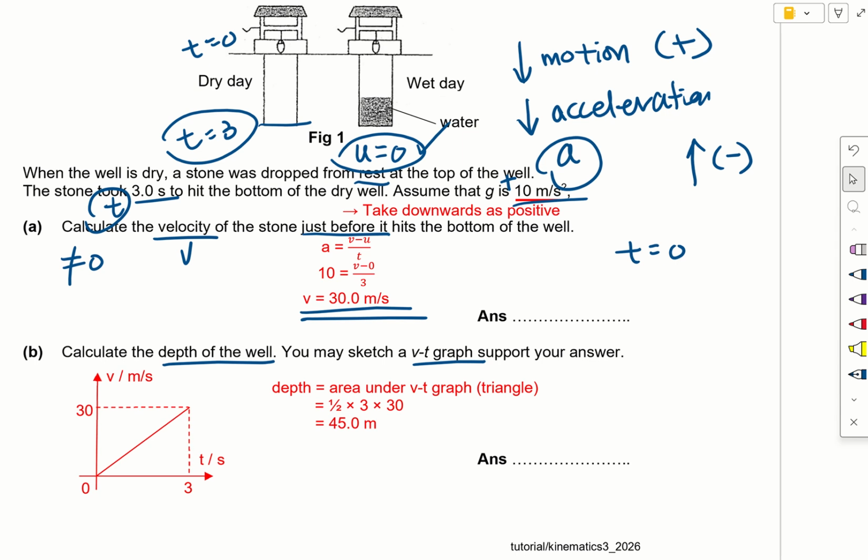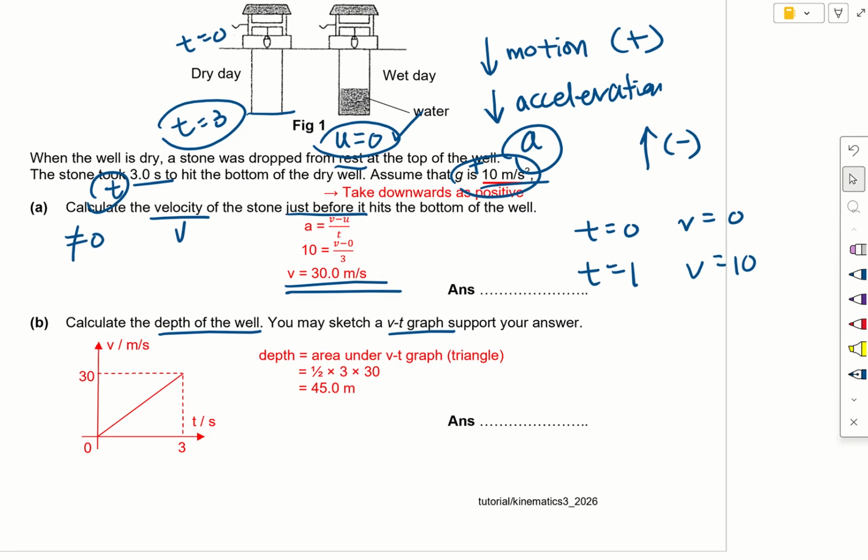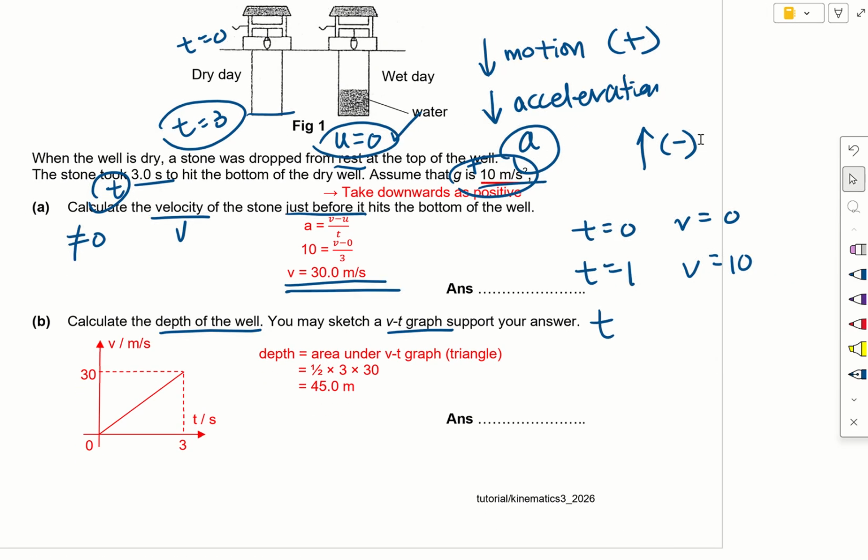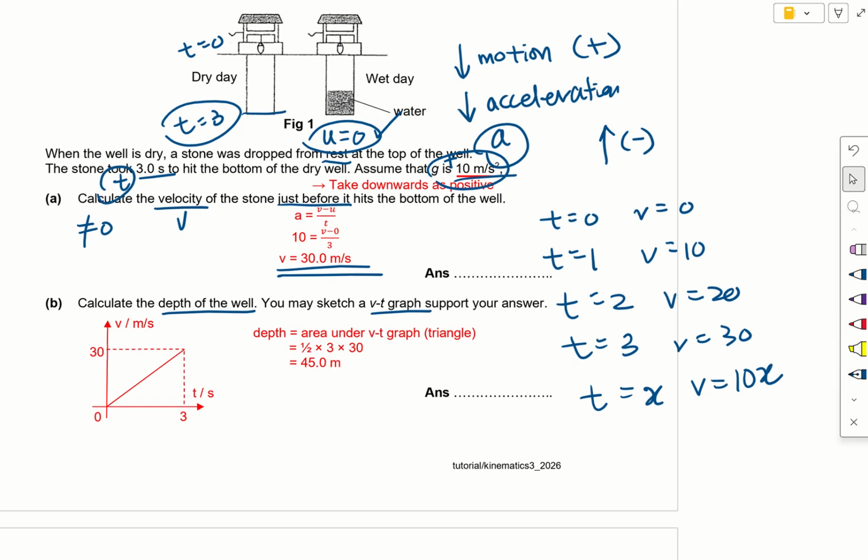So at t equals to 0, the v equals to 0. T equals to 1, the velocity would have become 10, because that is how much your velocity increases, that is your acceleration. T equals to 2, v equals to 20, t equals to 3, v equals to 30, t equals to x, v equals to 10x.